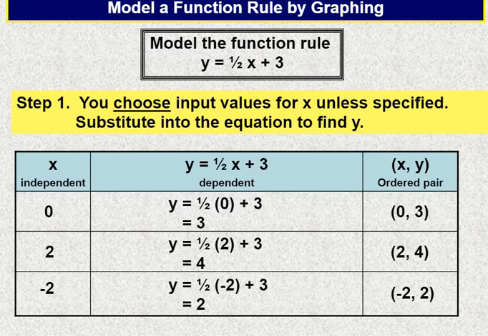How do we get more points? Because one point is not enough. Even for a line, for a linear function, you need at least 2 points. So 1 point is not enough at all. You need more than 1 point.